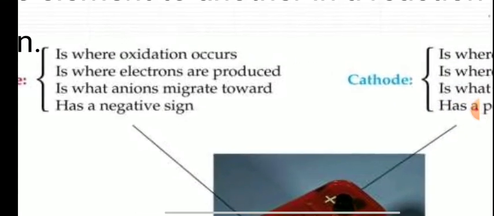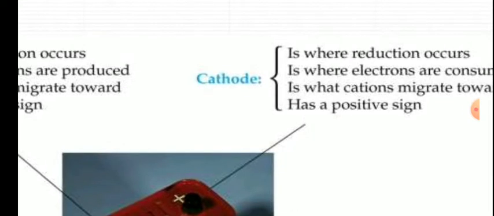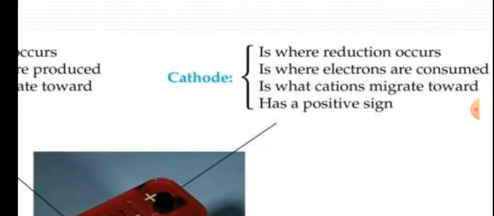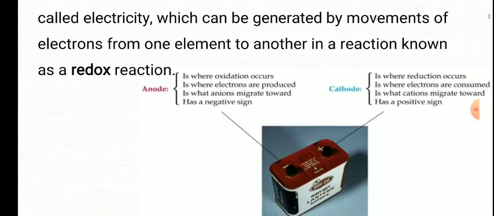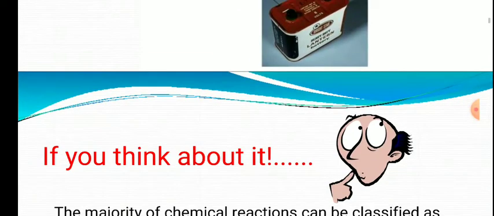I will discuss the detail later. In the cathode, reduction occurs, so it accepts electron, there will be a positive sign, that is it has the ability to absorb or gain electron. So very simply, in a galvanic cell, oxidation takes place at the anode and reduction takes place at the cathode.